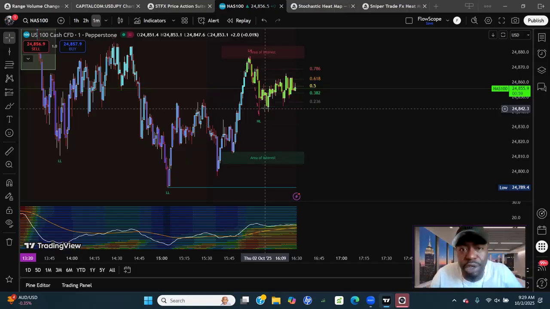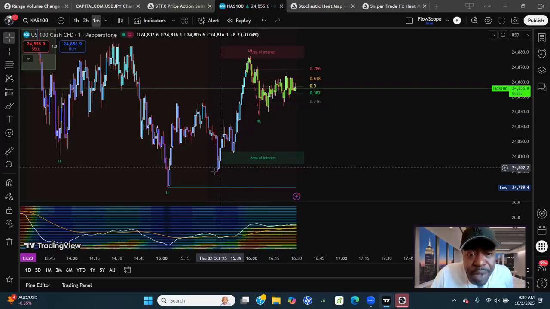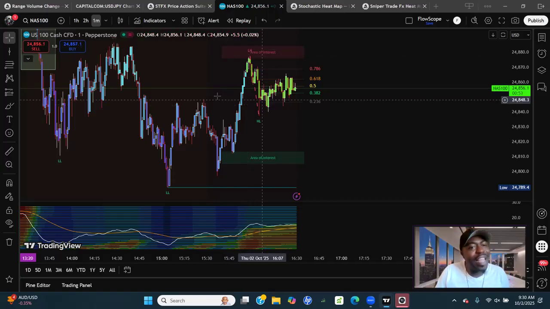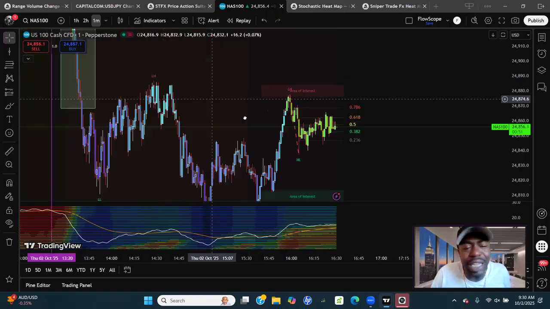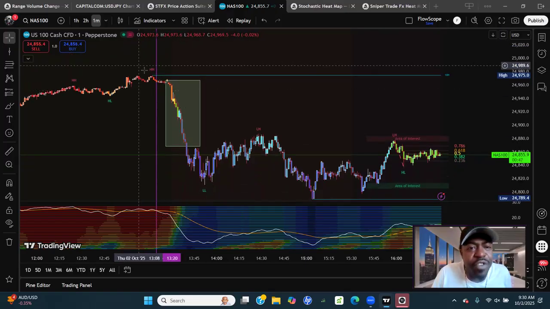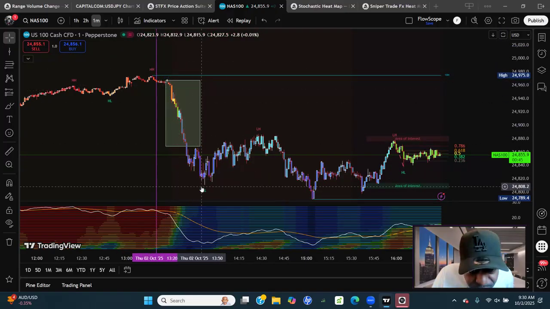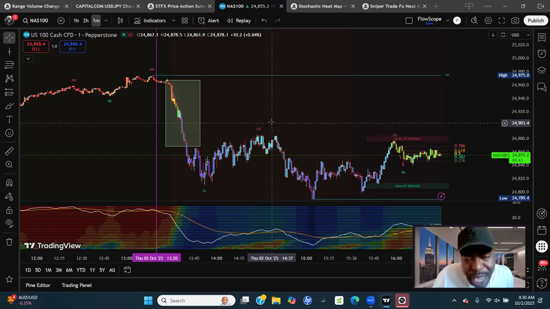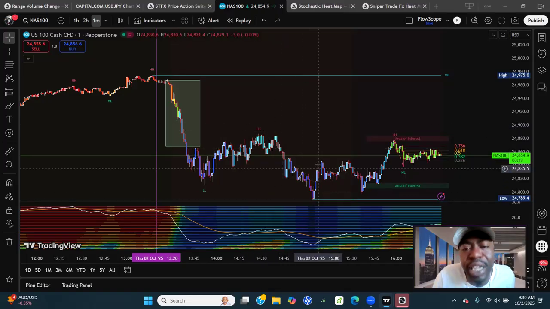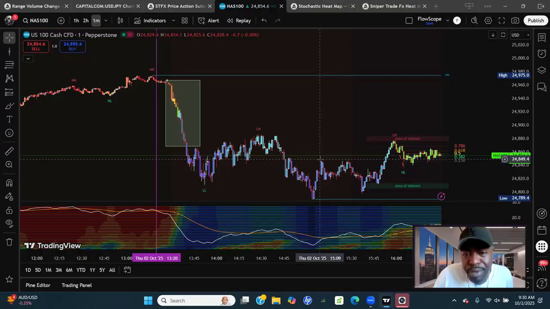Whenever you get a strong impulse, you're going to get a correction, guys. That's a rule of thumb. It doesn't matter what anybody says. If you get a strong impulse like this, you're going to get a correction back up. This is called a retracement. Okay, guys? That's called a retracement.